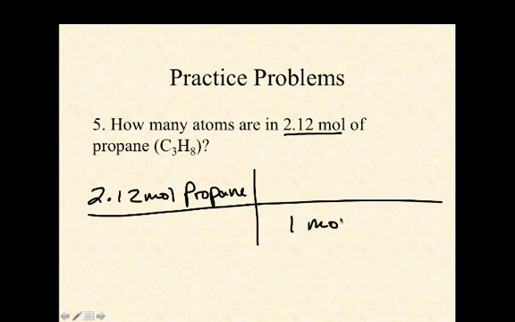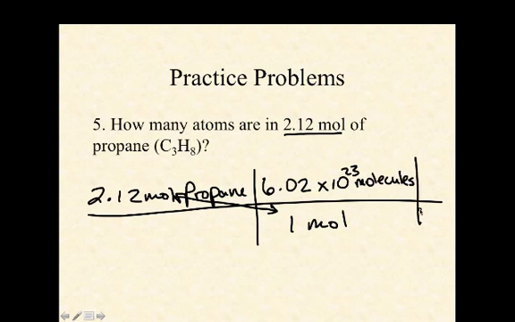So I want 1 mole on the bottom because crisscross cancels, right? I want moles to be across from one another. And in 1 mole of propane, there's of course 6.02 times 10 to the 23 particles of propane. This one's going to be complicated because not all the atoms are the same kind of atoms.